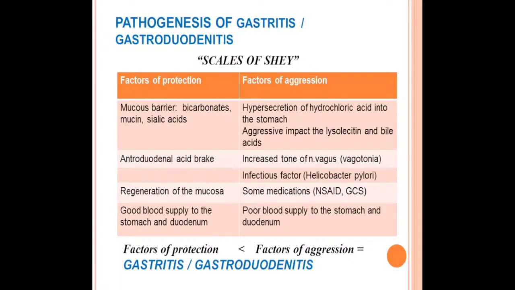In this slide, you see two positions. One, good blood supply. Second, poor blood supply to the stomach and duodenum. What is it? We discuss it next. If the patient feeds regularly, 5-6 times per day, there is good blood supply in the gastrointestinal tract, in the stomach and duodenum.